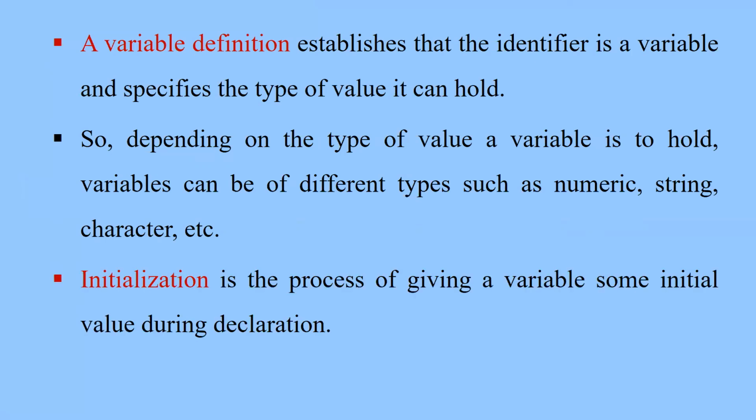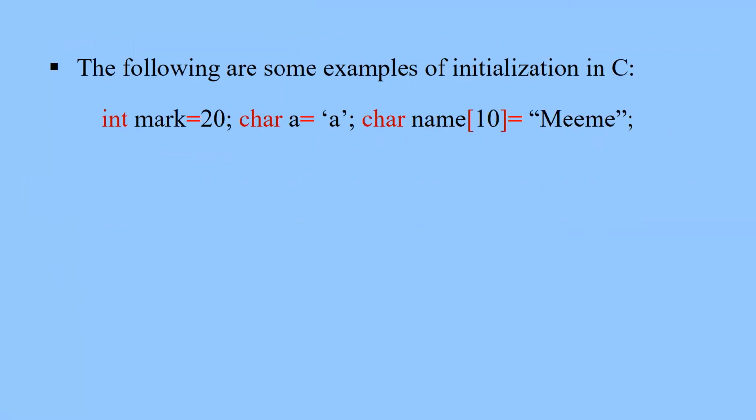Initialization is the process of giving a variable some initial value during declaration. The following are some examples of initialization in C. int mark equals 20.